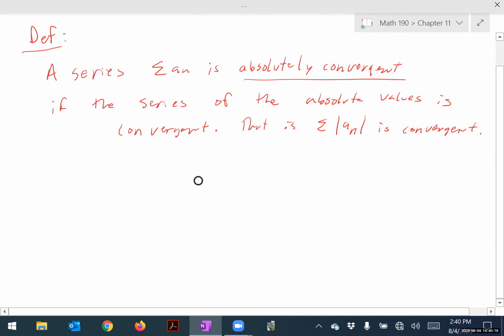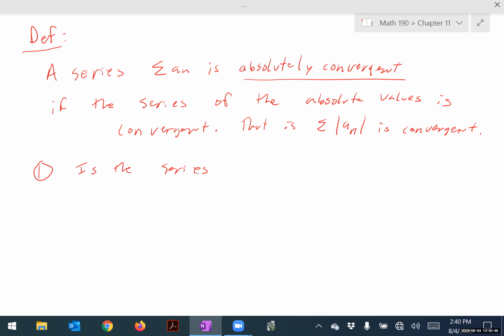Let's look at absolute convergence versus just convergence, because we could have something be convergent, but not necessarily absolutely convergent. Which do you want to do first, one that is absolutely convergent or one that fails?